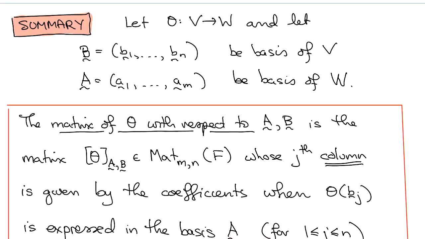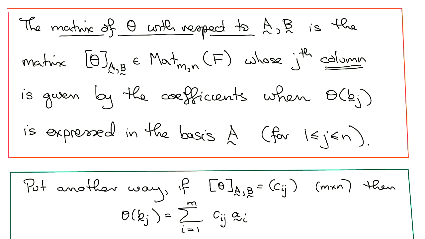So let's go through that again. We've got a linear transformation theta from V to W. We've chosen a basis of V, called b_1 up to b_n, so V is n-dimensional. And then a_1 up to a_m, an ordered basis for W. Once we do that, the matrix of theta with respect to these bases has m rows and n columns, and its jth column is given by a computation.